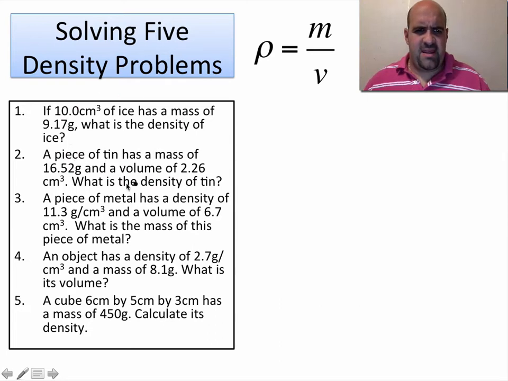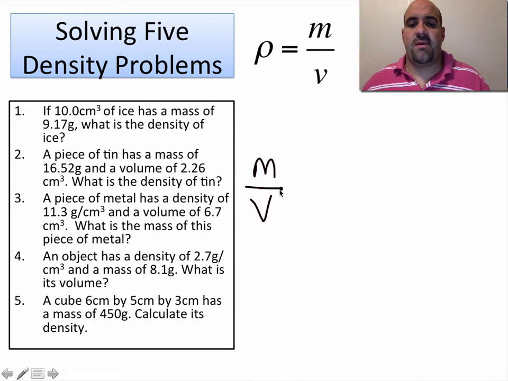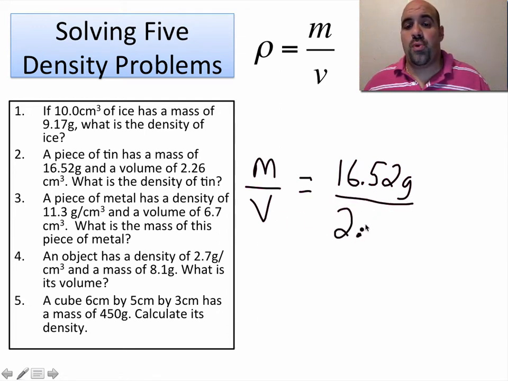The second problem is a similar one. A piece of tin has a mass of 16.52 grams and a volume of 2.26 centimeters cubed. What is the density of tin? Density equals mass divided by volume. And they tell us we have a mass of 16.52 grams divided by a volume of 2.26 centimeters cubed.